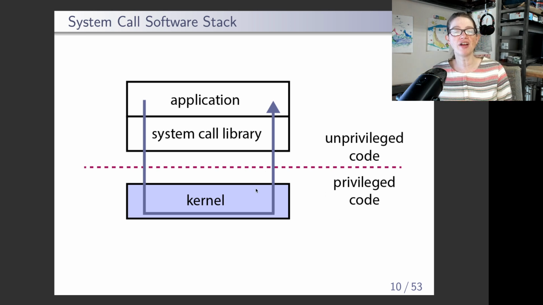We want to prevent user programs from accessing the kernel's memory, and we want user programs to not be able to access things like directly changing the voltage of the CPU or directly calling instructions that would cause the computer to reboot. And so in order to prevent the user program from using such assembly instructions and accessing private memory addresses, the CPU actually has rings or levels of privilege.